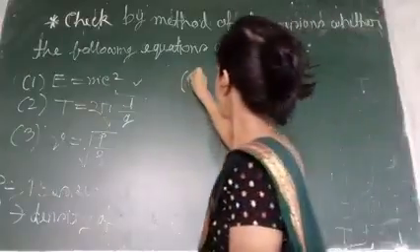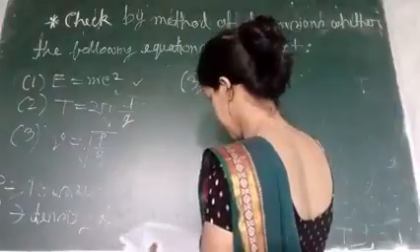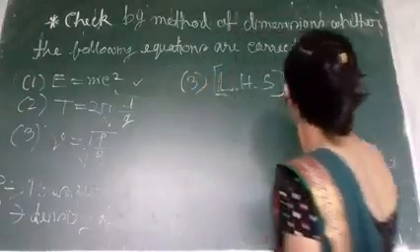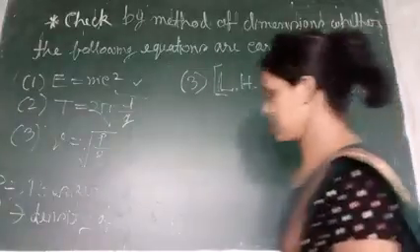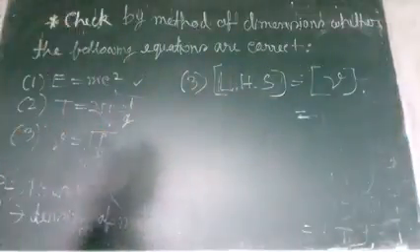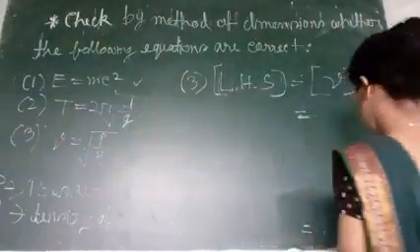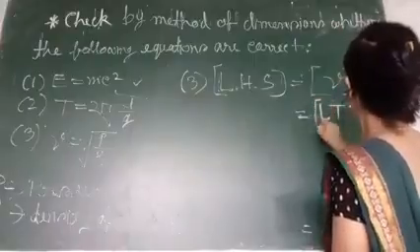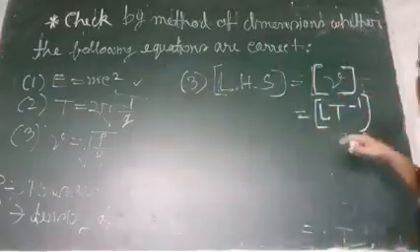Equation number 3, left hand side, what is the dimension here? Dimension of v is L t to the power minus 1.